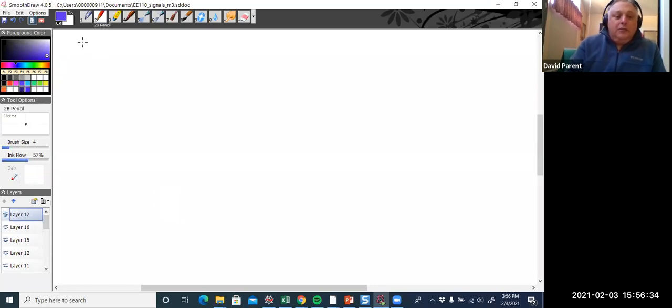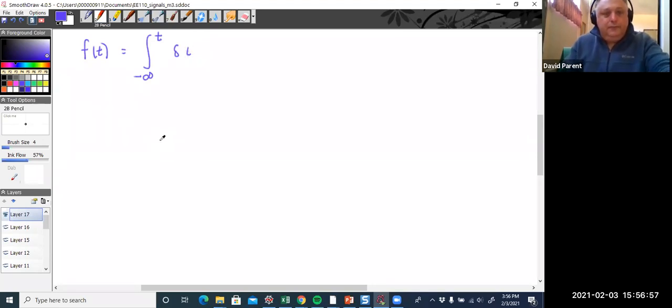But now I have a function of time, right? I have a lower limit of infinity, but now my upper limit is time. In order to do this, though, I have to change the integration variable to tau.